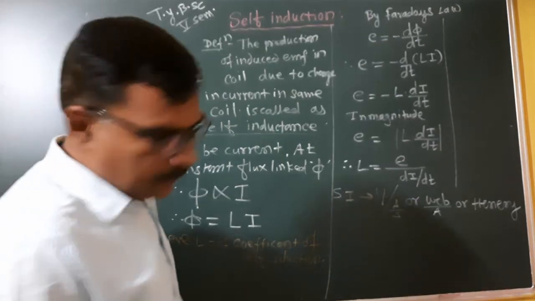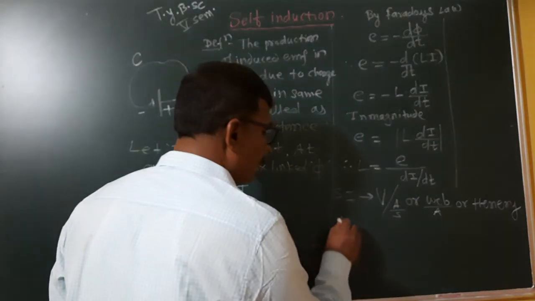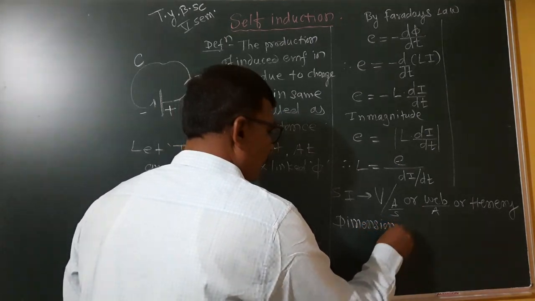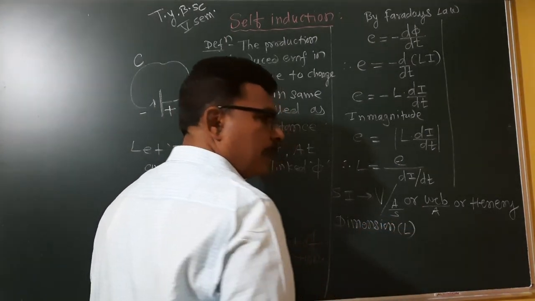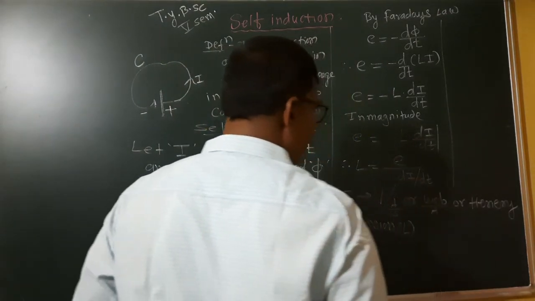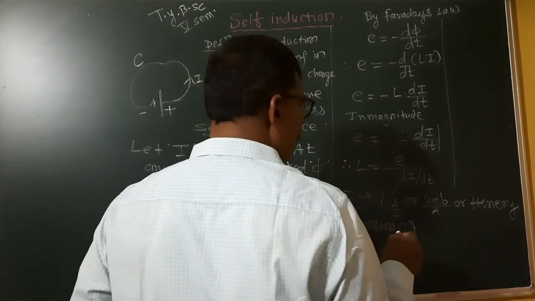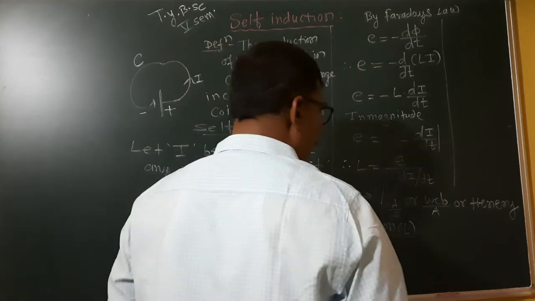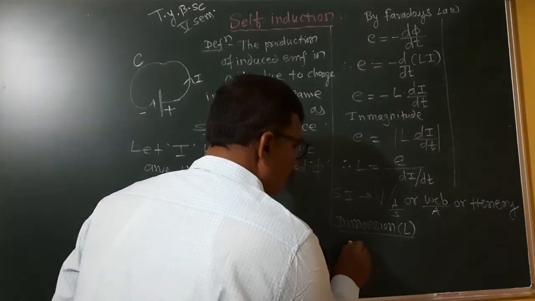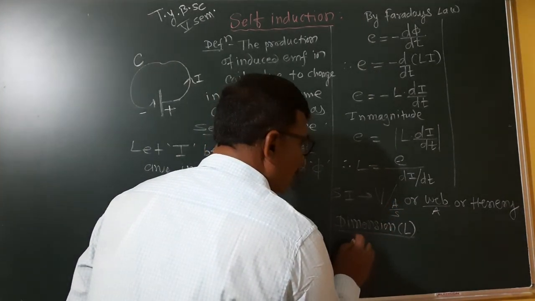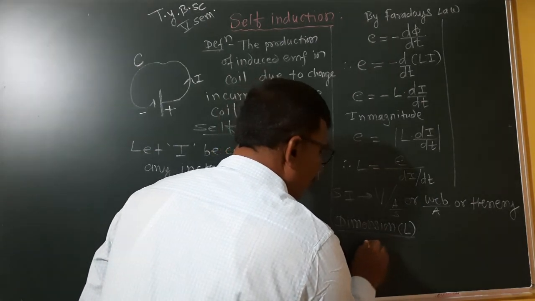Secondly, we have to consider what the dimensions are. Dimension of L: first of all, we write V is the volt.